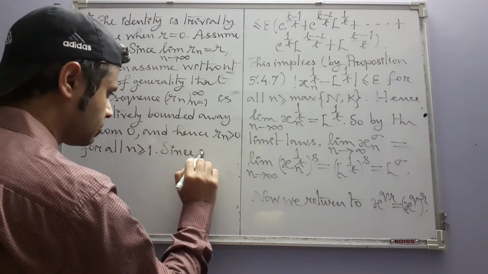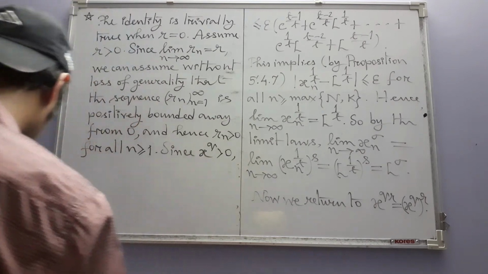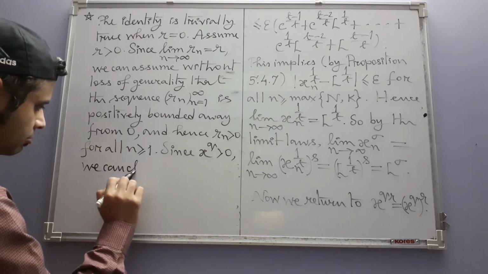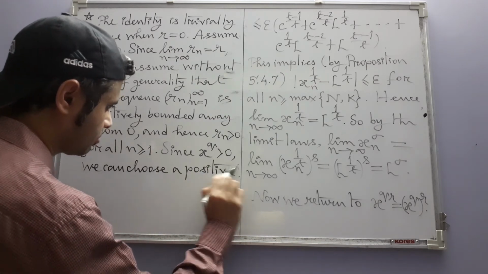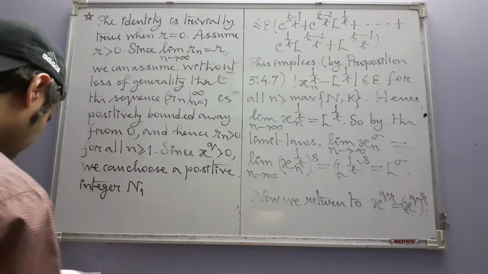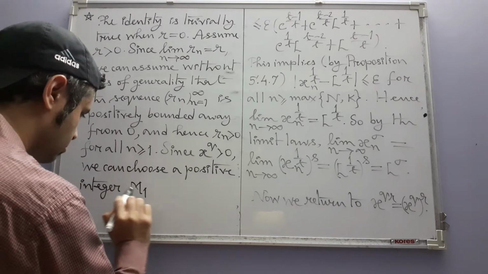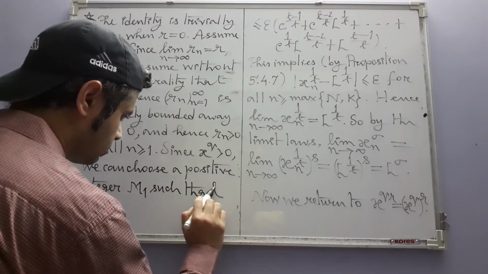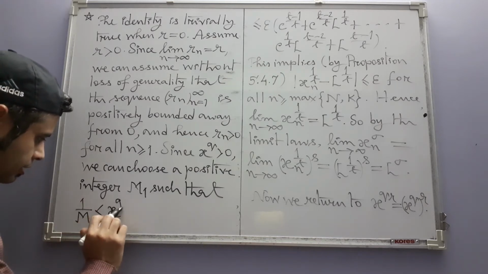Since x to the power q is greater than 0 by part A, we can choose a positive integer, let us take m1, such that 1 over m1 is strictly less than x to the power q.